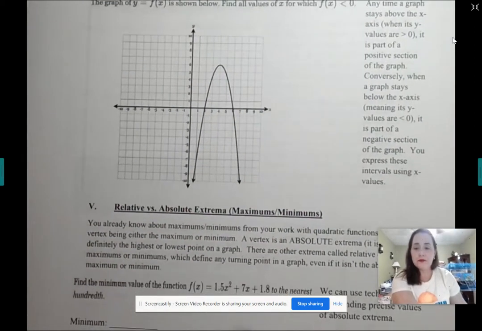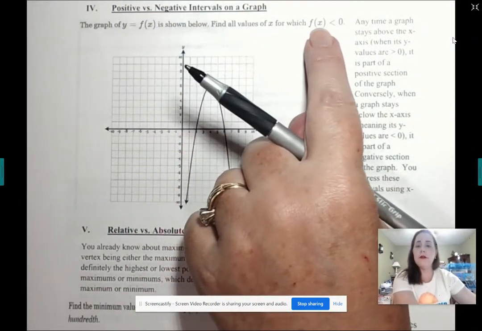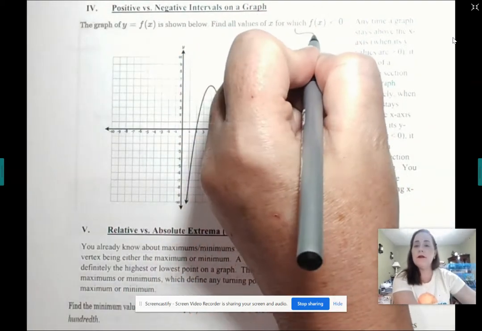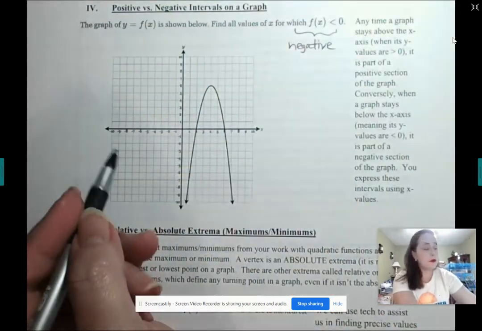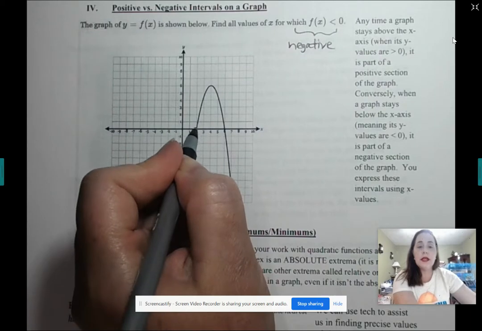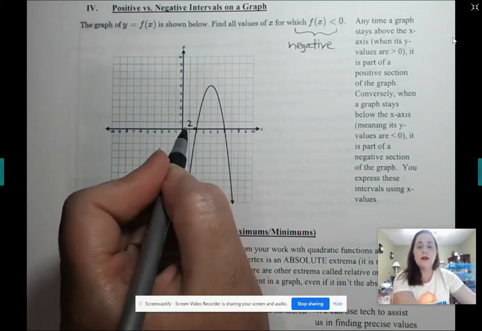Okay, so if we look at this, it says, name all of the values of x for which the function is less than 0. So here they're asking for negative intervals, and there may be more than one. So if I look at this, I see from here to here, which is 2, it is below the x-axis, not including 2.